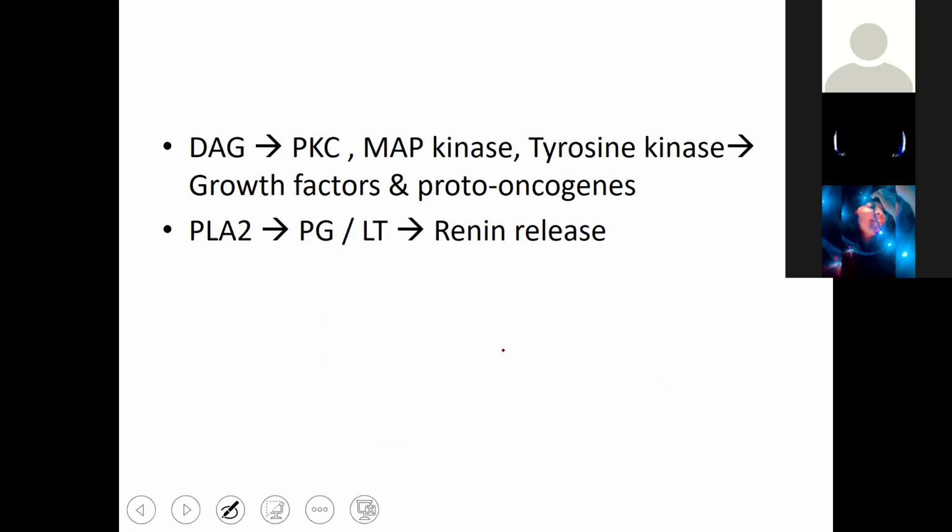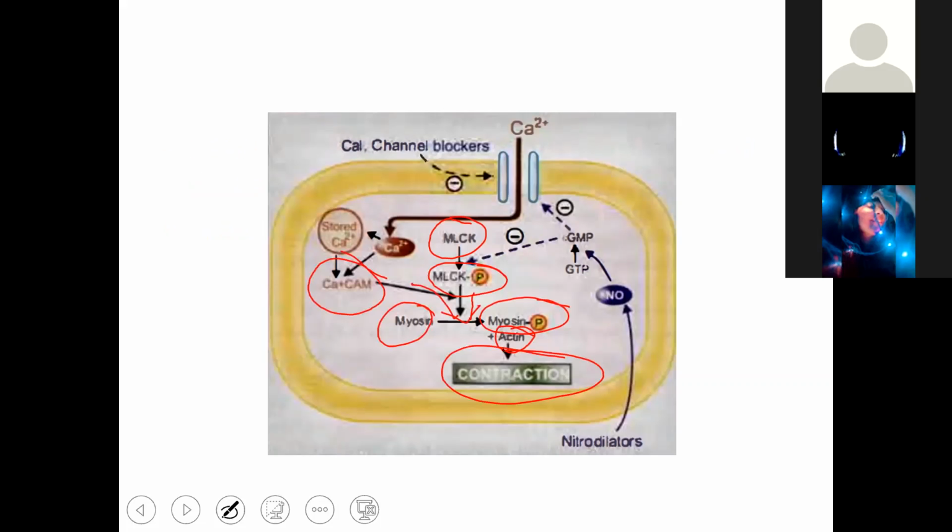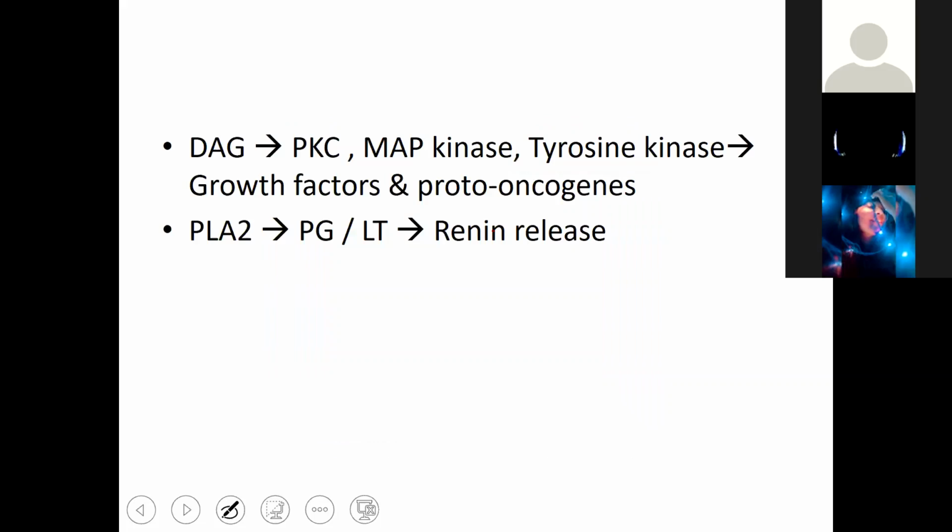Whenever there is nitric oxide, it does the opposite. NO converts GTP to cyclic GMP, which inhibits the formation of myosin light chain kinase phosphate and thereby prevents the contraction. You can see the negative symbol.